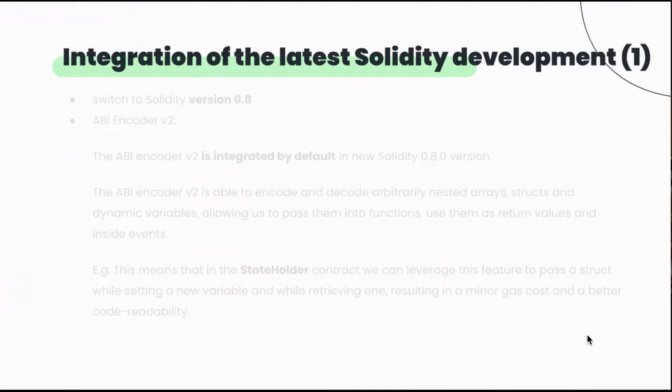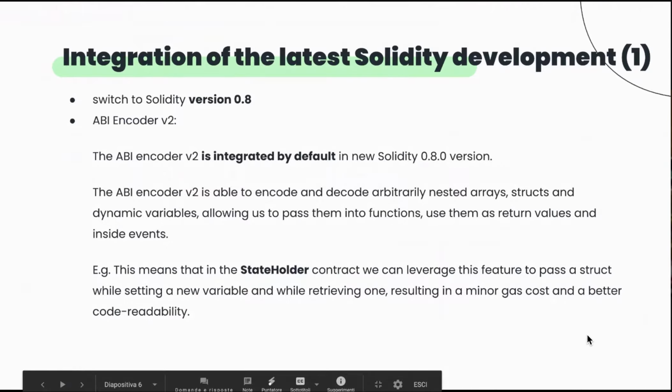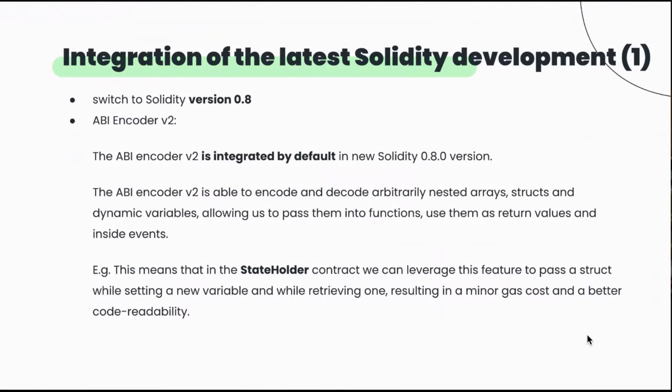So let's start from the first point of our speech, which is the integration of the latest Solidity development inside the DFO protocol contracts. The main feature here is the switch to Solidity version 0.5, and this means that we have the ABI encoder version 2 integrated by default in all our contracts.